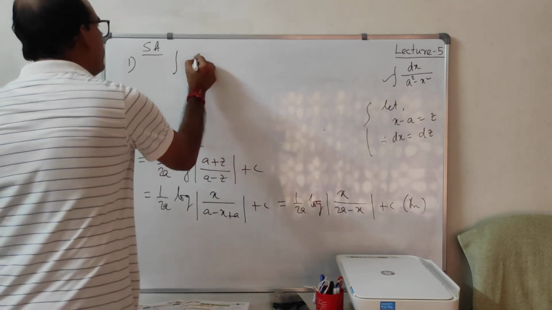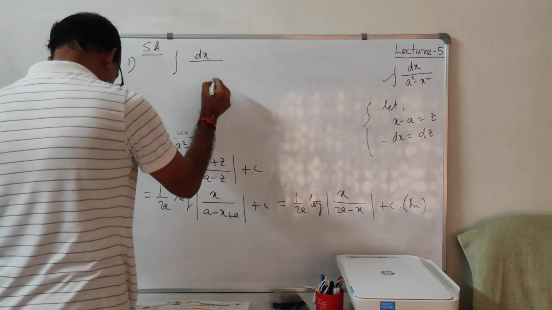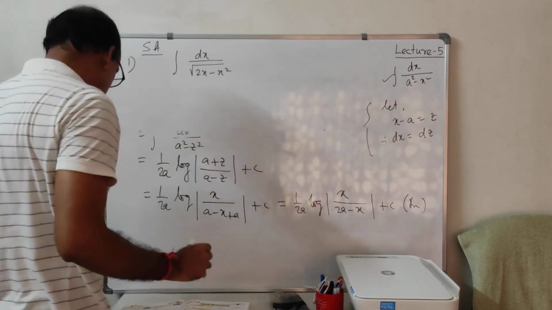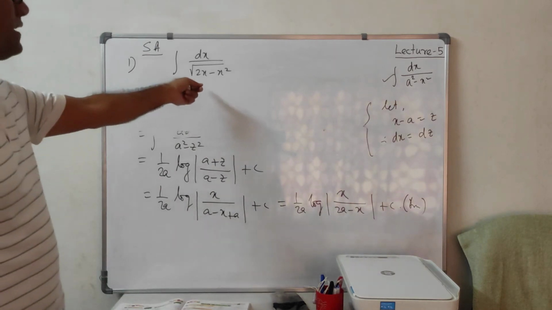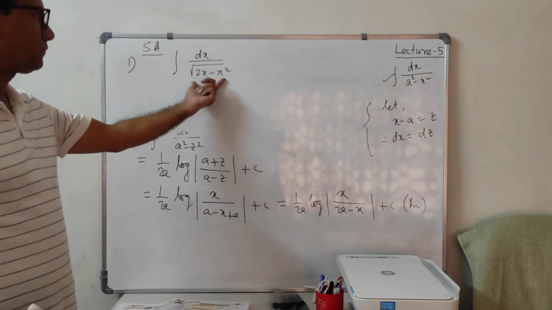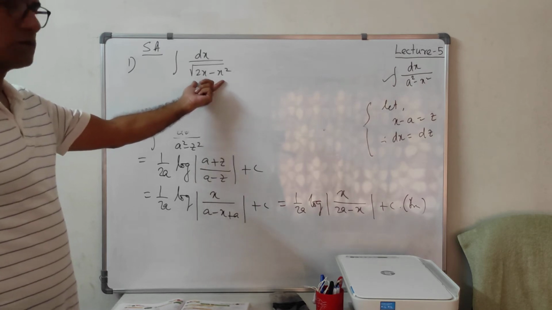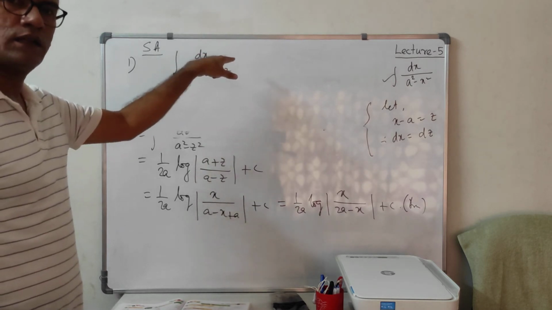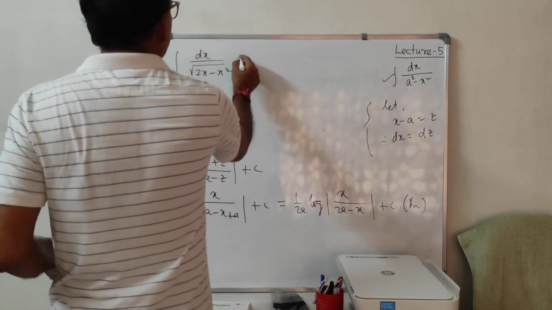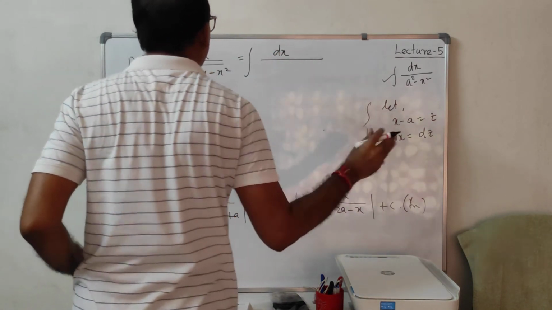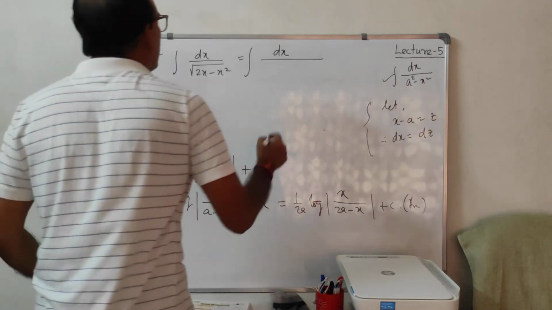Integration dx by root over of 2x minus x square. This is the problem. You have to adjust the denominator, and more precisely the expression under this radical sign, to get a standard form, any standard form from 1 to 5.